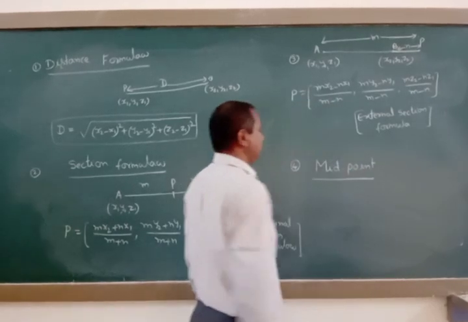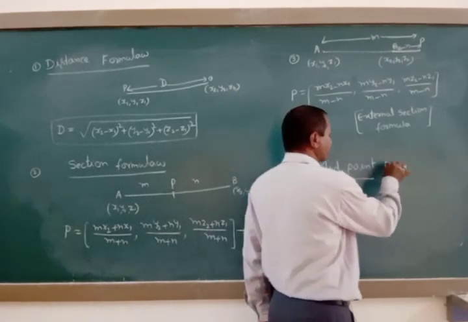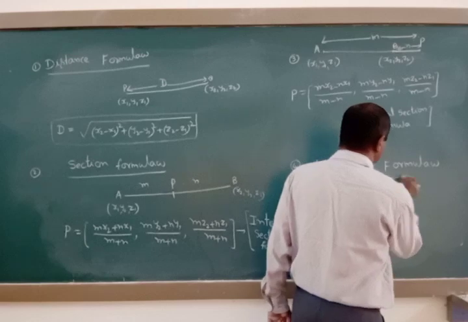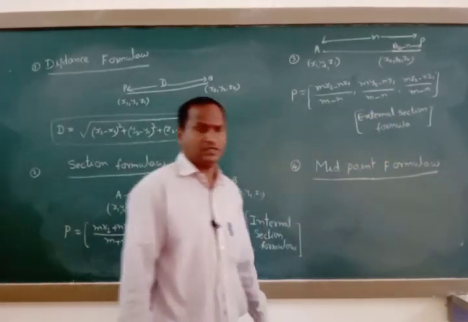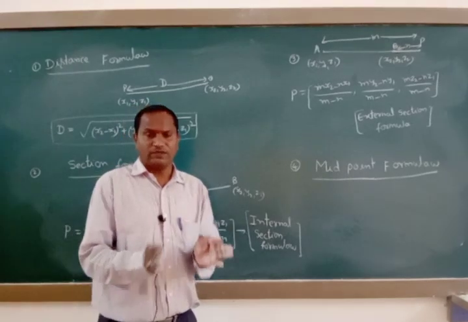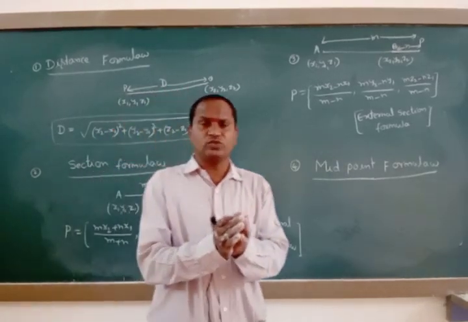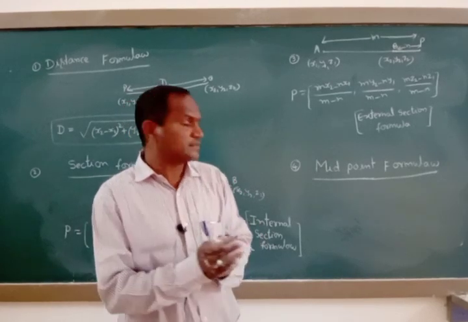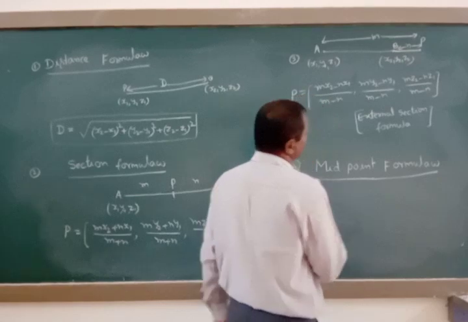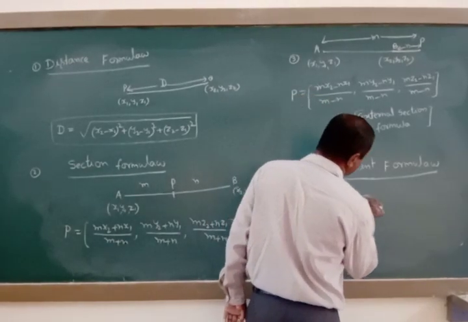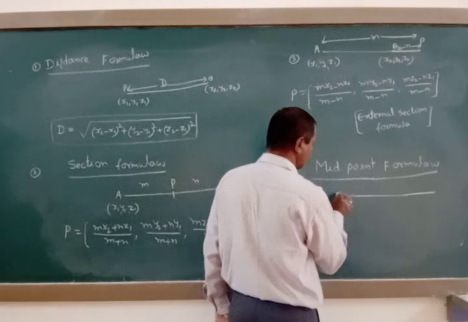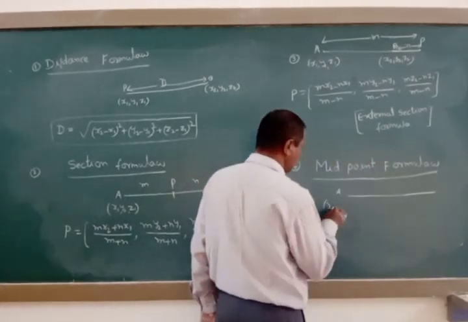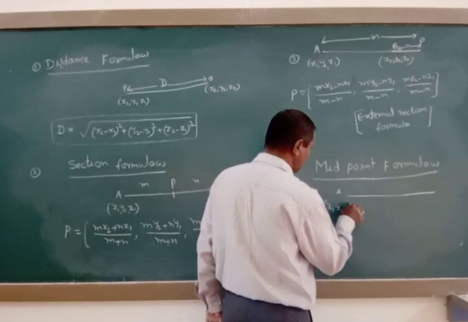In the case of the midpoint formula, the division point divides line AB into two equal parts. Whenever the division point divides into equal parts, then the division point is called the midpoint of the line segment AB. Diagrammatically, I am showing a line segment AB here. A is x1 comma y1 comma z1.